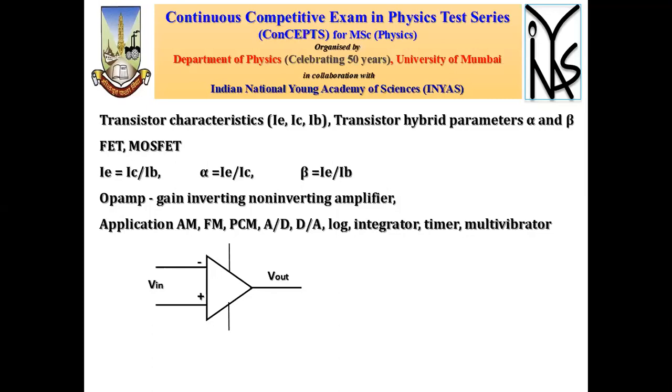So that is the idea. Once you do some practice, you will be able to identify that this problem is like this.